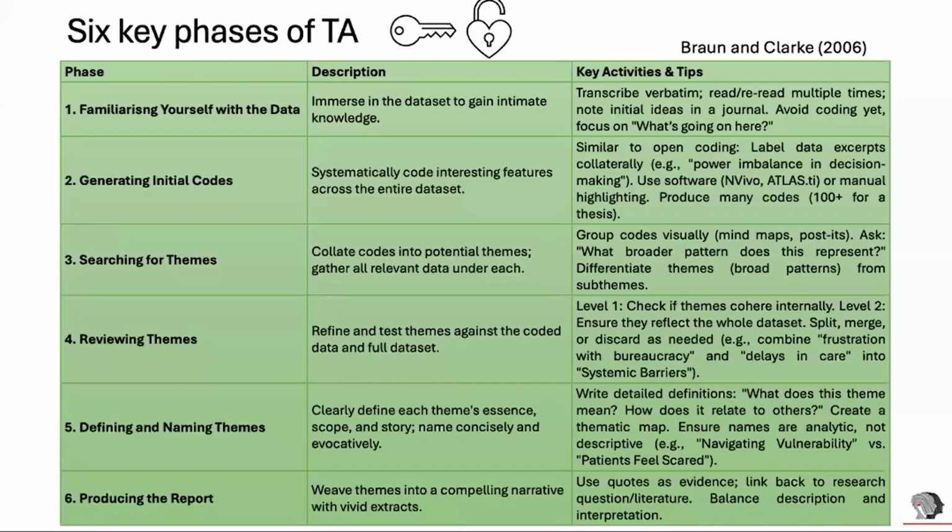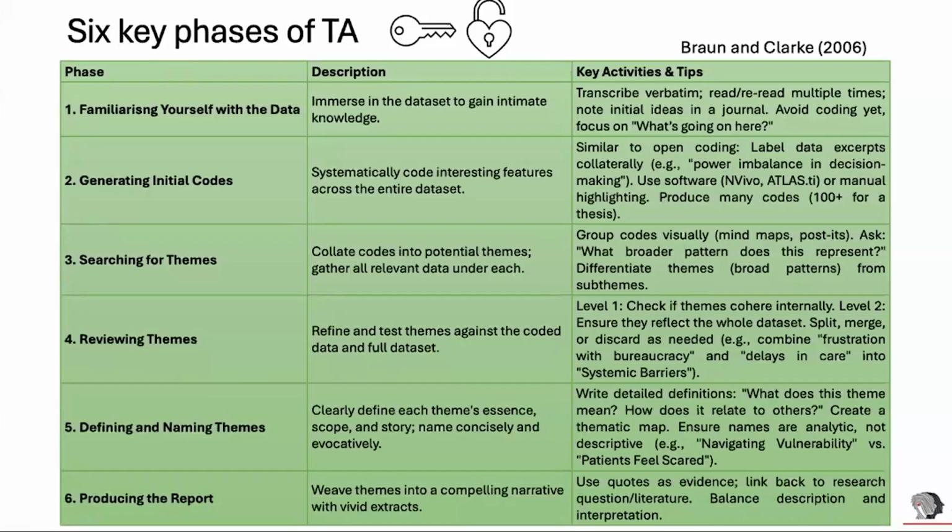For example, navigating vulnerability versus patients feel scared. So it's very important that you're not just describing in a very simple way. It needs to connect to a specific or broader issue that you would want the reader, or whoever you'll be capturing their views from, to get. We can now get the broader view. Like I've mentioned, the themes capture what we call a broader view or broader point.